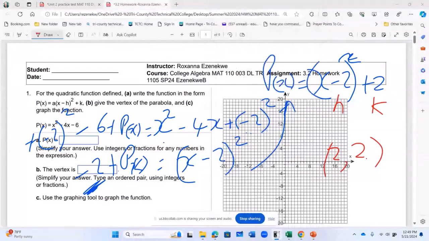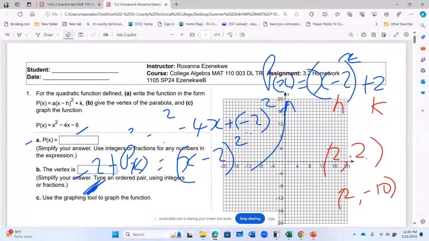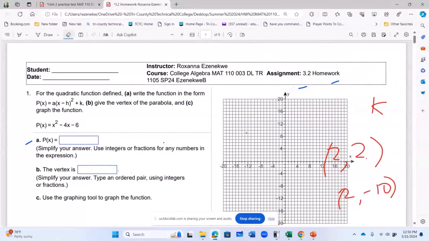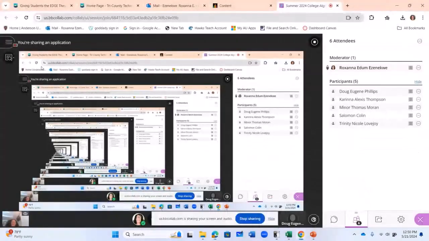So 2, negative 10 is what my calculator gave me. So let's go back here and see. Okay, and by the way, we are at number 5 here.